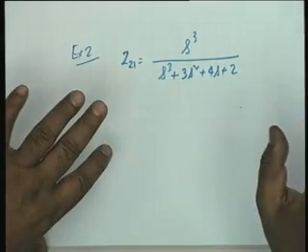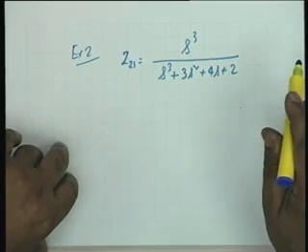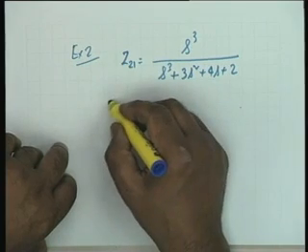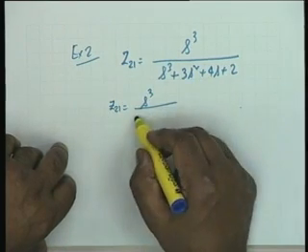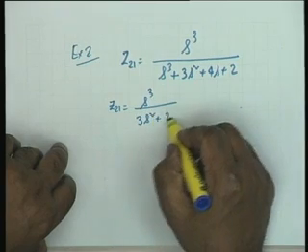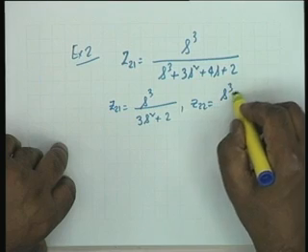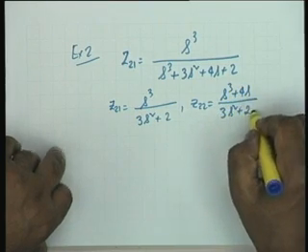None at infinity, and therefore cover 2 shall now be appropriate. The numerator is odd, and therefore your Z21 would be S cubed divided by 3S square plus 2, and Z22 would now be S cubed plus 4S divided by 3S square plus 2.